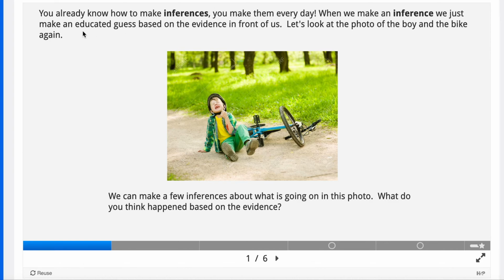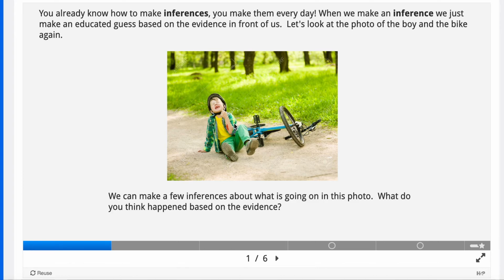You already know how to make inferences. I don't have to teach you how to make inferences. You do this every day, just like you did when you looked at the little boy in the picture. I know you knew right away, well, obviously, he fell off of his bike. That's the clear and obvious inference that we would come to when we look at this.